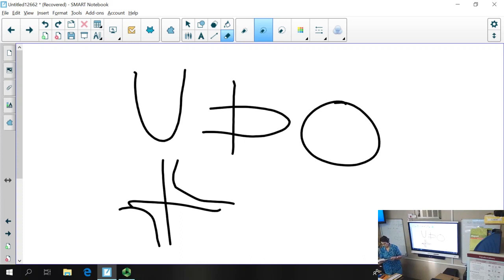Which of the following graphs represent functions? Number 1, yes, it's a 1-to-1. 2, yes, it's a 1-to-1. 3, no. 4, yes. 5, no, because there are lots of y values for the one x value, the vertical line test. And then number 6, also no.